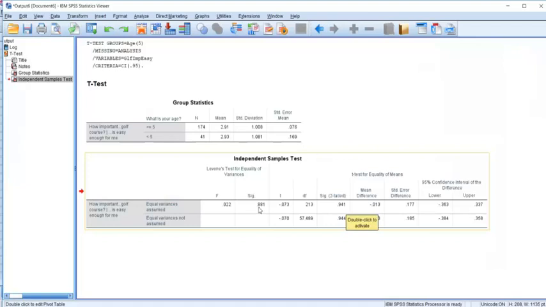If that was statistically significant, so below 0.05, then you look at the below row, which is not assuming equal variances, which is your 0.944. But this is above 0.05, the Levene's significance level, so we're going to read the above row. So your t-test significance is 0.941.